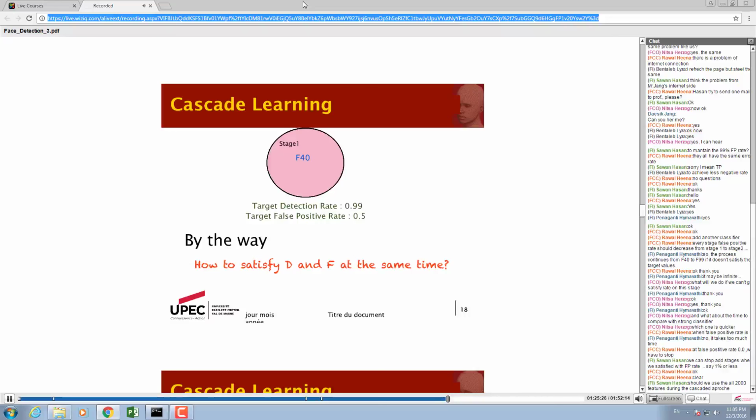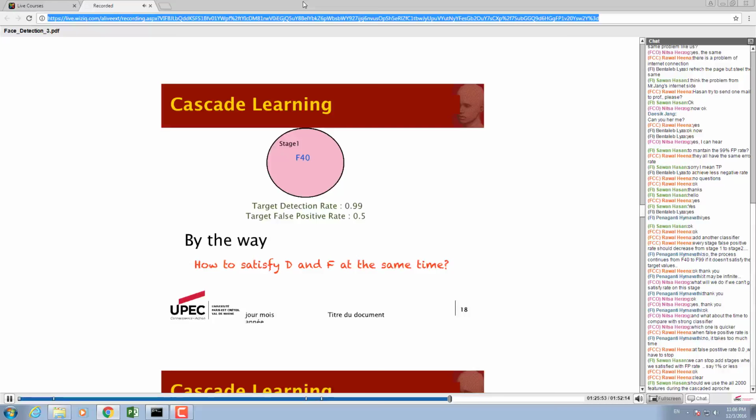The 2000 is just a pool, prepared as a set of classifiers just for training. But in reality, the number of classifiers or features may be smaller than 2000, or sometimes more than 2000. So it depends on the training set.